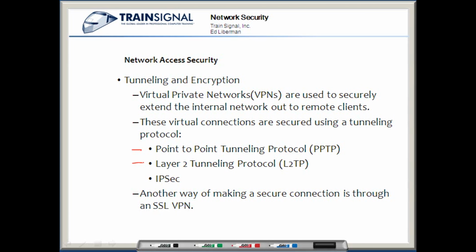So you won't necessarily see an obvious difference if you were to implement L2TP as opposed to PPTP. What I can tell you is that it uses a higher level of encryption. As a matter of fact, the type of encryption that the layer 2 tunneling protocol uses is IPsec, which we'll talk just a little bit more about IPsec in a moment.